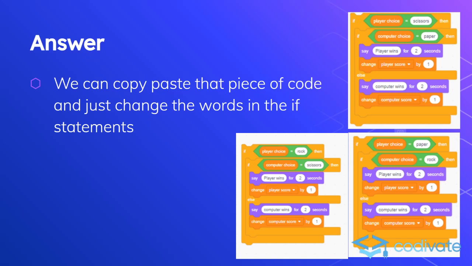This is one of the downsides of having large if statements in your code. And there are ways to circumvent this and make your code smaller. Maybe only write this code once instead of 3 times. But that is something much more advanced than just simple scratch if statements. For now, we're just going to have to copy paste it 3 times. That is honestly the simplest thing for us to do.